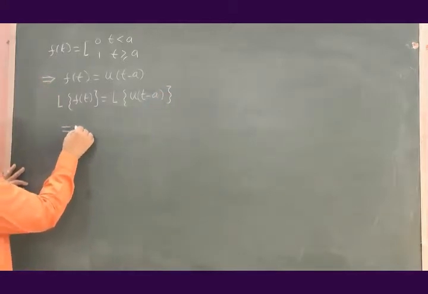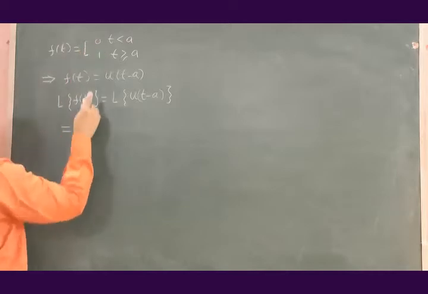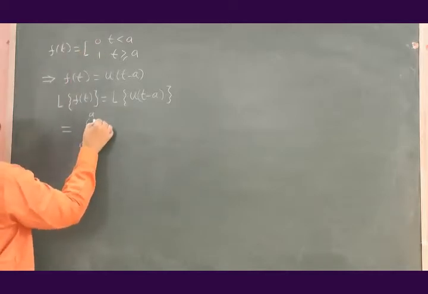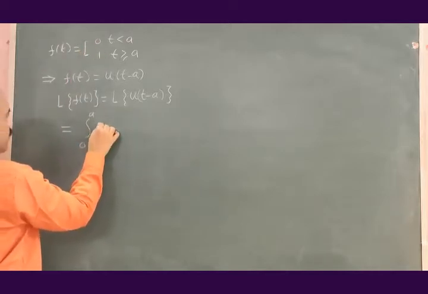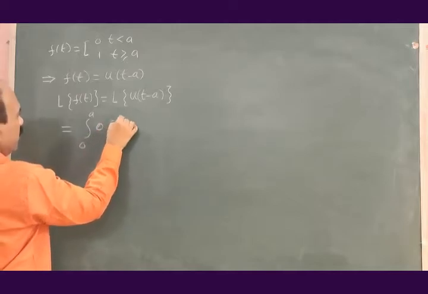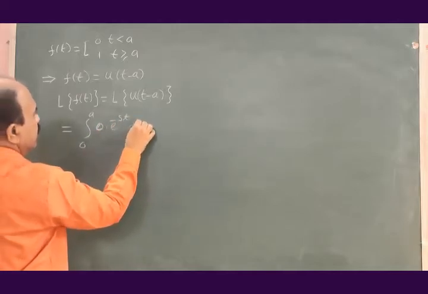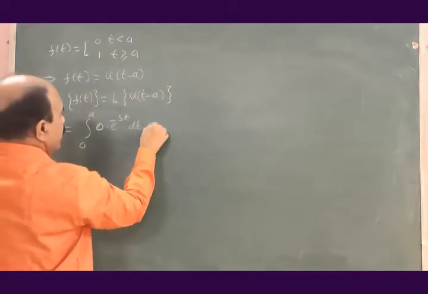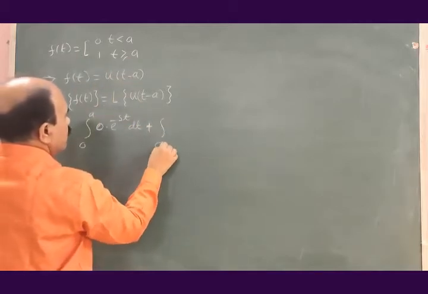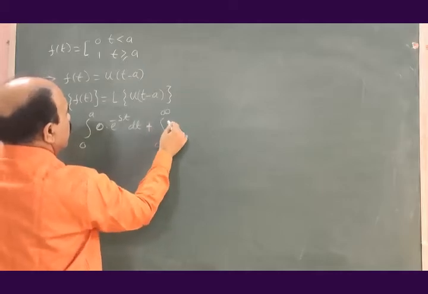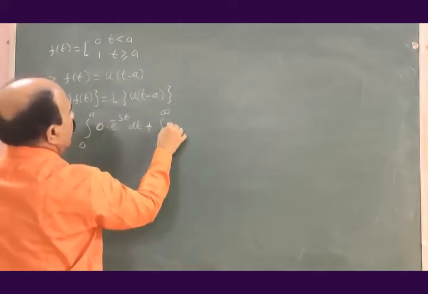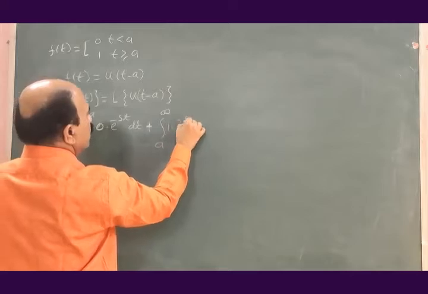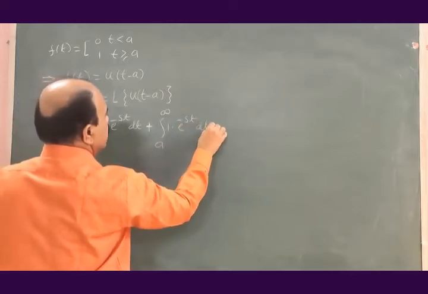This is equal to, for this, integration from 0 to a, 0 into e to the power minus st dt, plus, for this, integration from a to infinity, 1 into e to the power minus st dt.